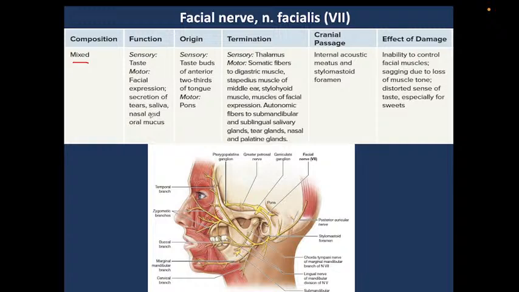They provide deep pressure sensation over the face, and the nerve receives taste information from receptors along the anterior two-thirds of the tongue, and somatic motor fibers of the facial nerve innervate the superficial muscles of the scalp and face, and some deep muscles near the ear, as well as three muscles in the neck region.